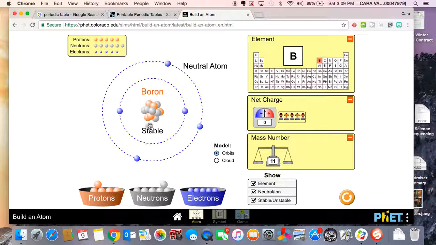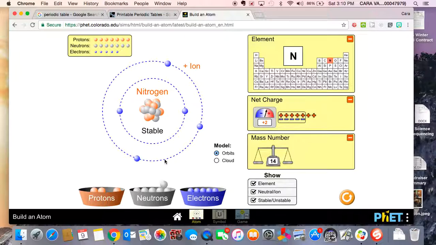If we add another neutron, now we have 7 neutrons and 5 protons, which would give us 12. And so what we need to understand about the mass number is that it is a combination of the protons and the neutrons in the nucleus of an atom. We said that 1 proton weighs 1 atomic mass unit, so every time I add a proton, the mass number is going to go up by 1.